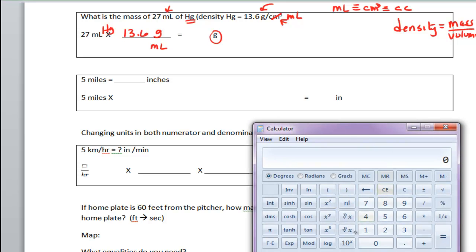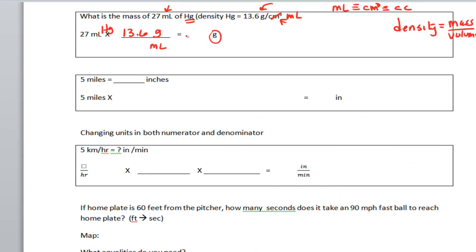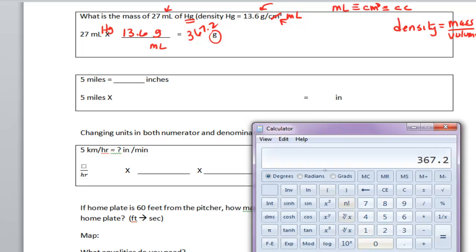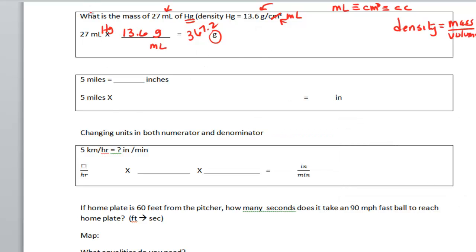you are going to be taking 27 and multiplying it by 13.6. And the calculator tells me 367.2. I think that's what was on there. Okay. And if we were talking significant digits, I have two significant digits here.